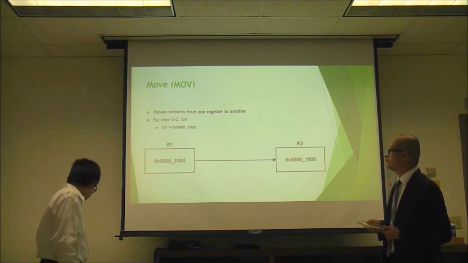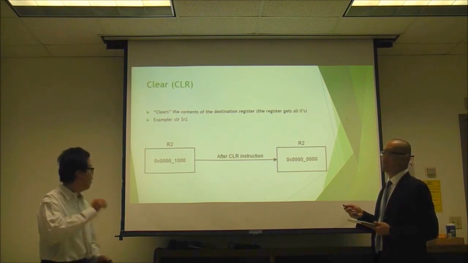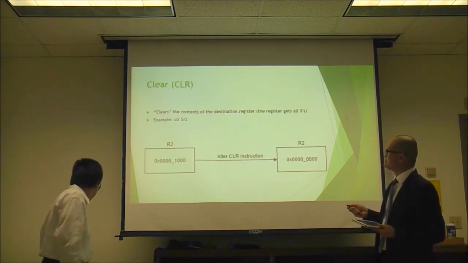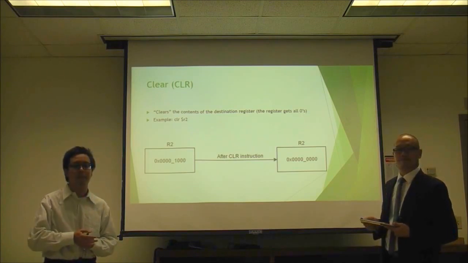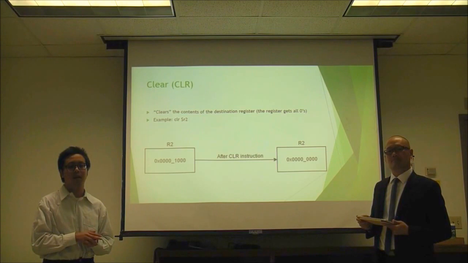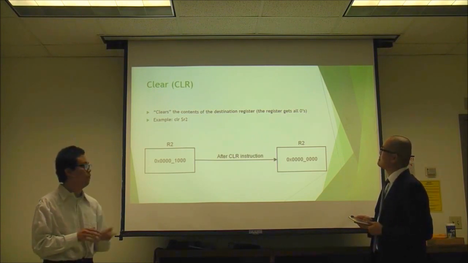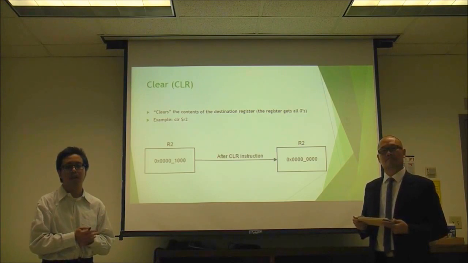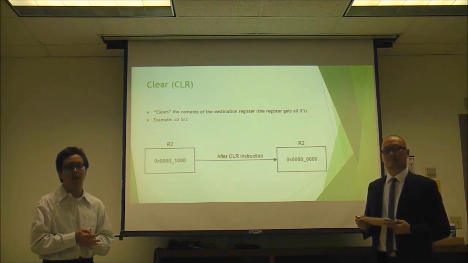Okay. And then on the move, or let's take the clear, couldn't I just say subtract R2, comma R2, comma R2? Why do I need a new instruction? I can clear any register I want with a subtract or an exclusive OR.